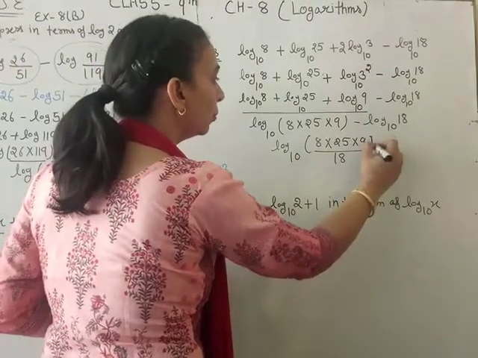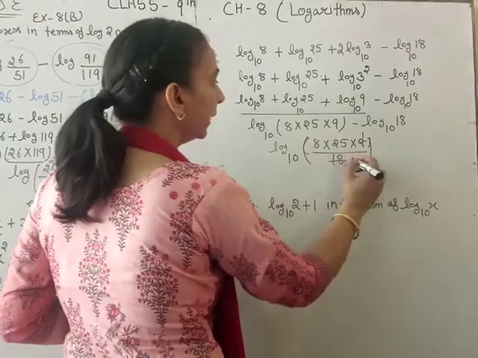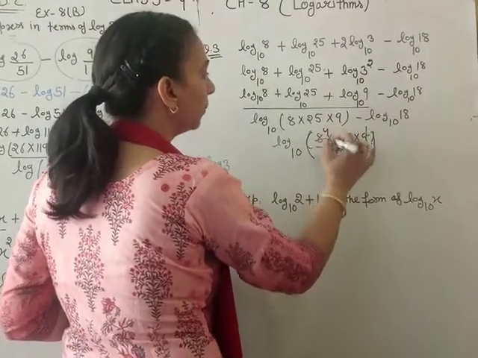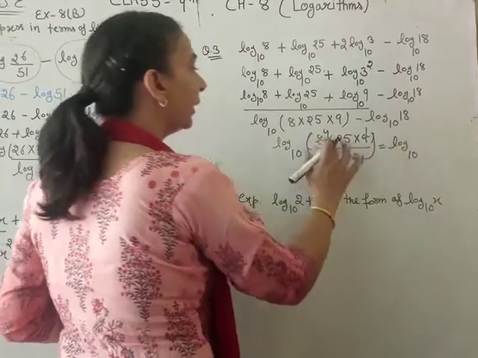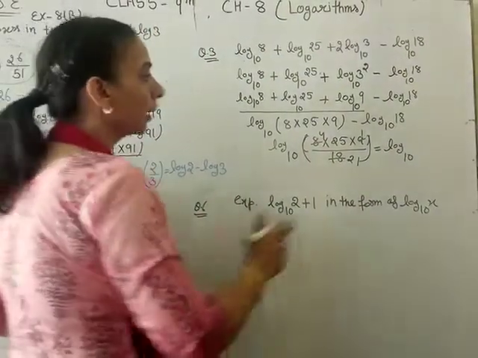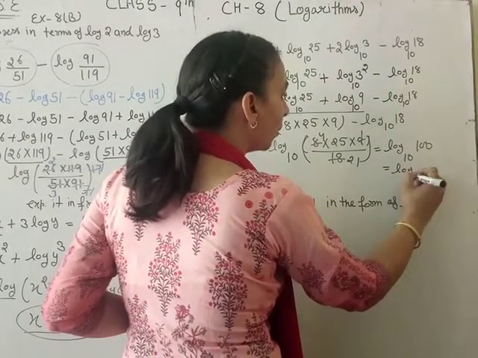Okay student, then 9 ones are 9, 2 fours are 8, this equals log of 100, and we write log of 100.